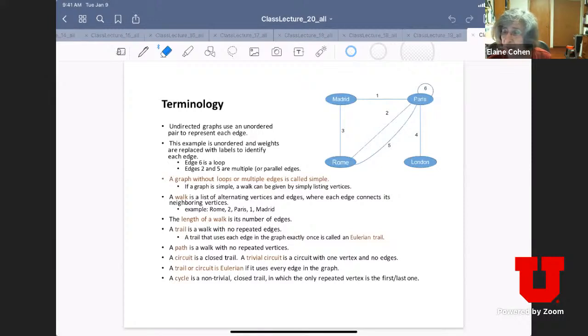That would be a trail because I had no repeated edges. It would not be a path because I went to Paris twice. I started in Paris and I stopped there and left, and I went to Rome and I left there and then ended up. So that would be a trail, but not a path.